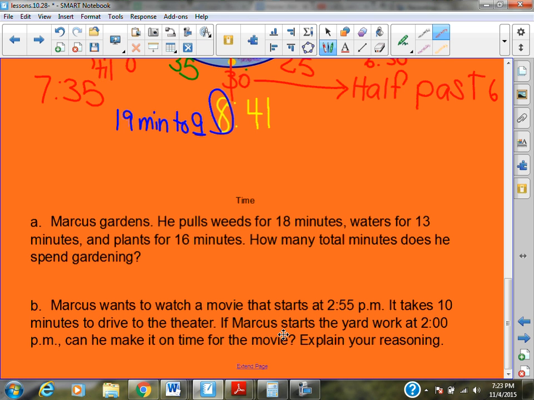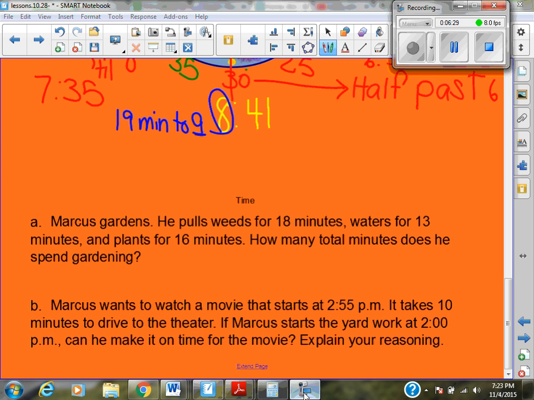So if he starts at 2, you're going to take the total minutes that it takes him to garden in A and use the number line to add that to 2 o'clock. And then that'll tell you if he can do it before 2:55. And then that'll help you explain your thinking. Tell me why he has enough time or why he does not. Okay, that is time words and also a little bit of homework advice.